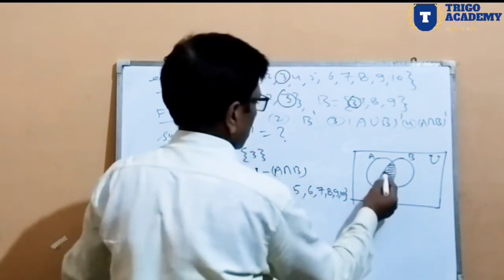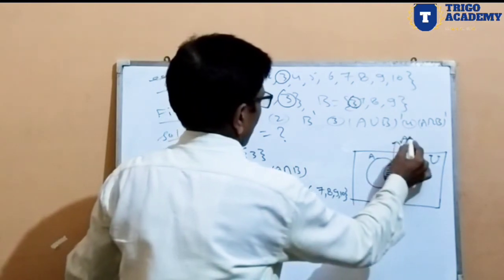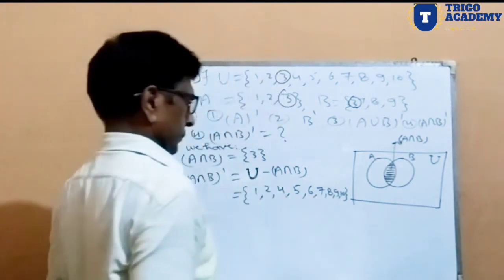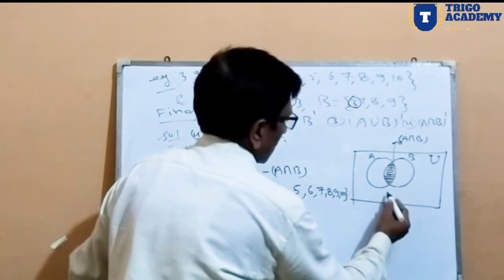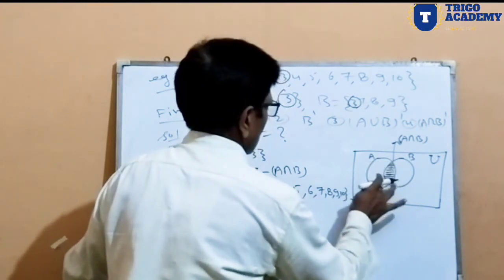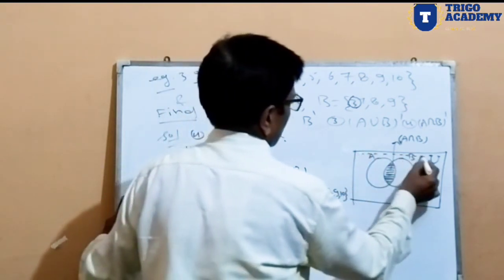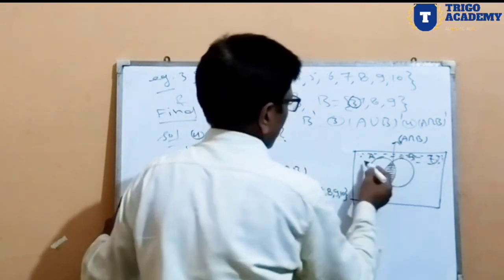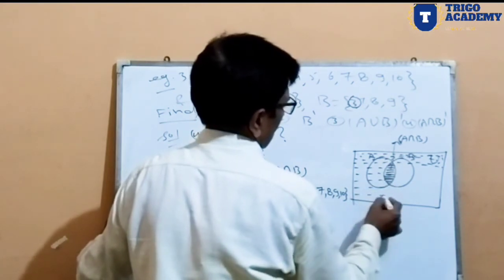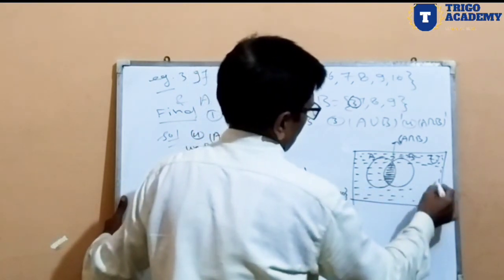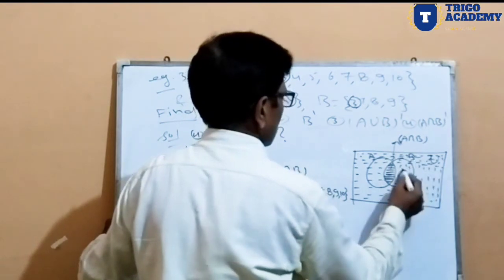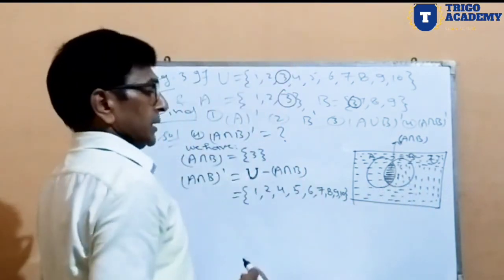This is A intersection B. And the dotted region, outside of this shaded region, the whole region outside the shaded region will represent the elements of (A intersection B)'.